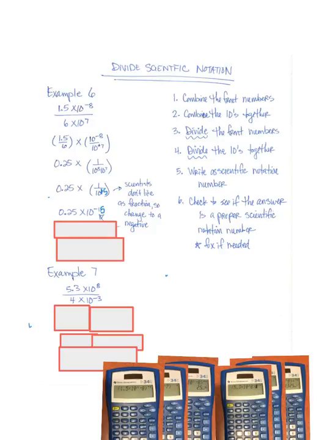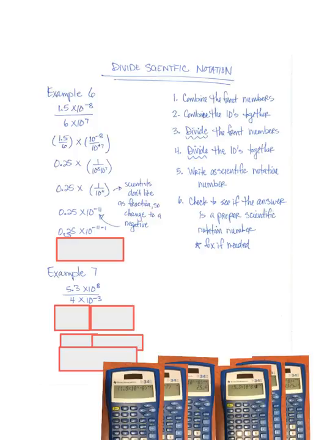So again, we check: is this a good scientific notation number? Oopsie, there's a problem up front, so we need to change it. We need to move the decimal in the 0.25 over so that it becomes 2.5.